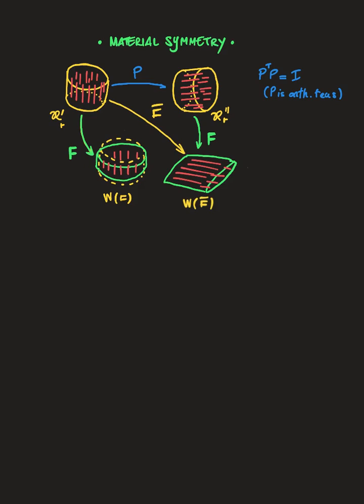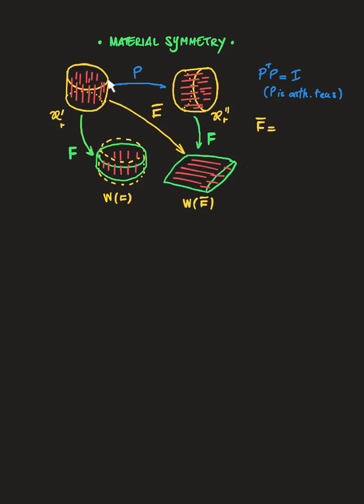Now, what is F bar? Well, how would F bar work? F bar takes fibers from this configuration and brings them here. And if you were to follow this second path, you would be doing exactly the same.